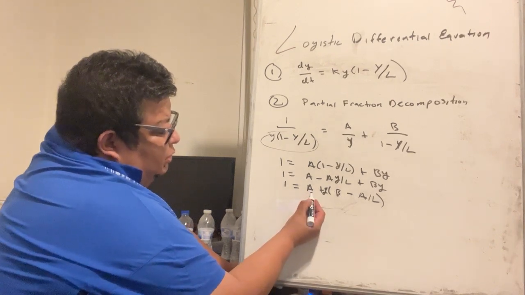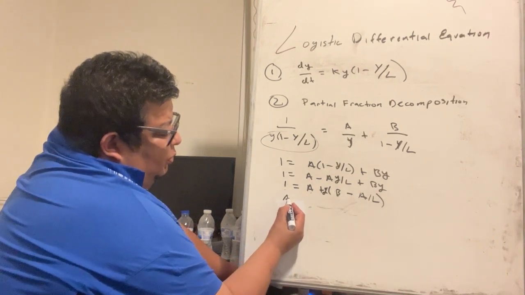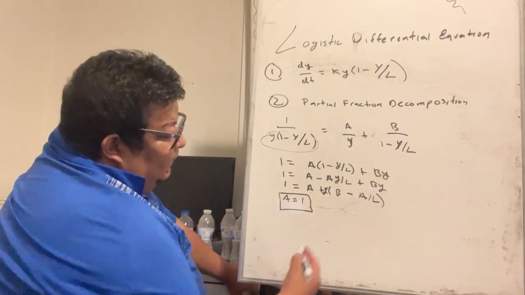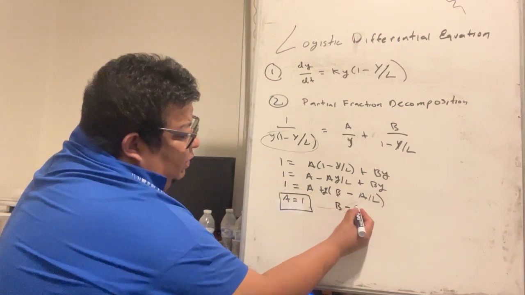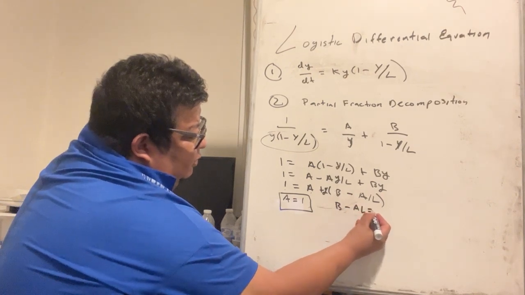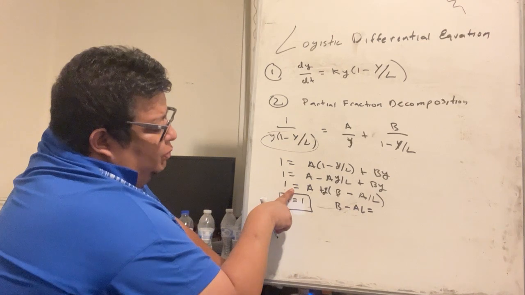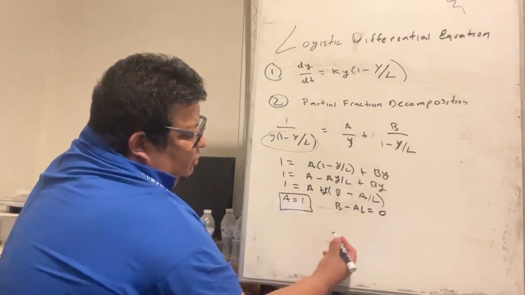Now we set the constant equal to the constant, so we find that A is equal to 1. And then B minus A over L: notice there is no y term to the first power on the left, so we set it equal to 0.